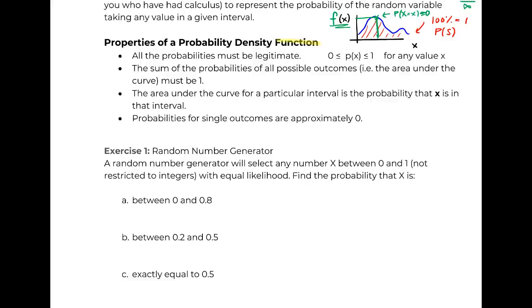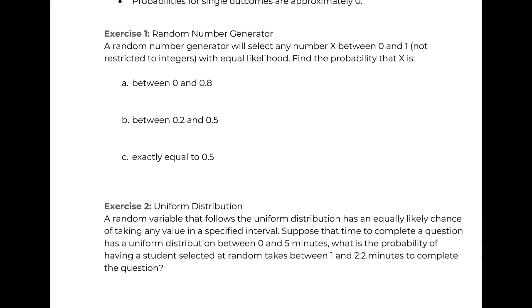All right, so here's an example. We got 2 that are going to help us out. A random number generator will select any number between 0 and 1, not restricted to integers, with equal likelihood. Find the probability that x is between these different values. So again, the only way that we could actually write this out, because we can't write every possible value, is using a curve. So we just said our x's are between 0 and 1.